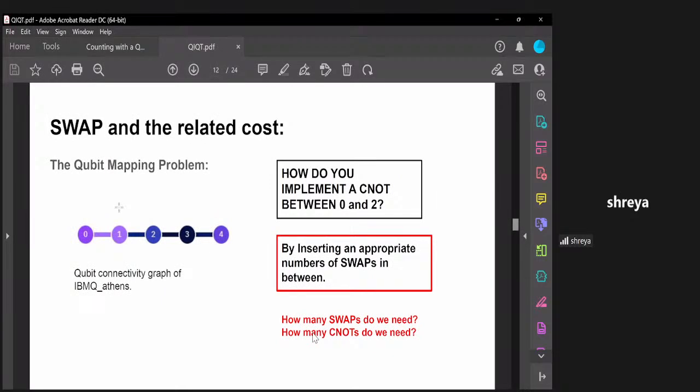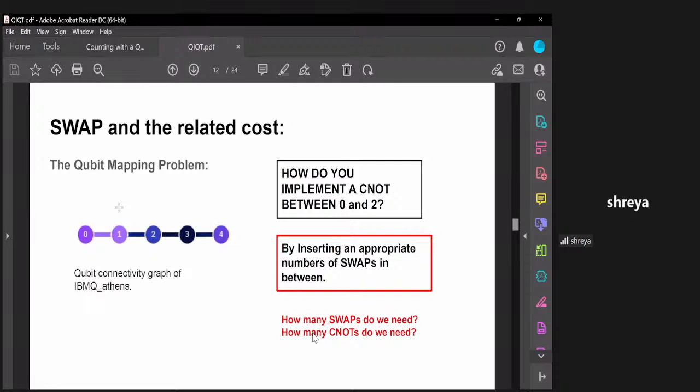So if you want to implement a CNOT between 0 and 2, you need to swap the qubits 0 and 1. So you have to swap the state. You have to move the state that is on qubit 0 to qubit 1, so that logically there is a CNOT now between 0 and 2. Then you implement the actual CNOT. You instruct your circuit to perform a CNOT between 1 and 2, and the final result is there is a CNOT now between 0 and 2.